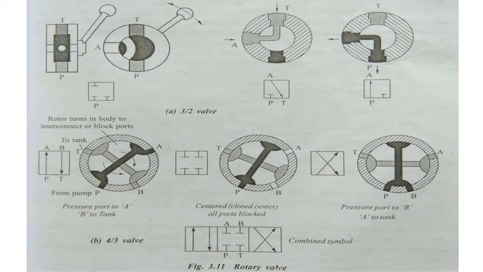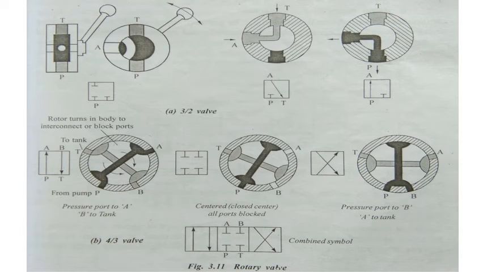In a single acting cylinder only one port is present, that is the A port, and in a double acting cylinder two ports are present, A and B, one for inlet, one for outlet. During extension A acts as inlet, B acts as outlet. During retraction B acts as inlet, A acts as outlet.